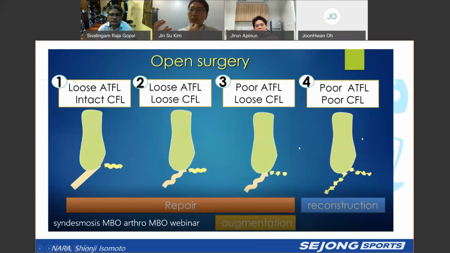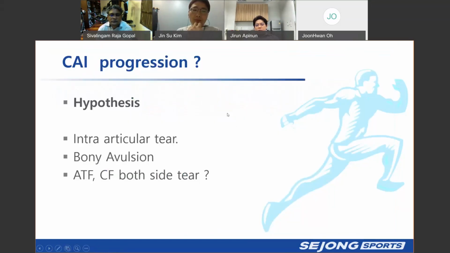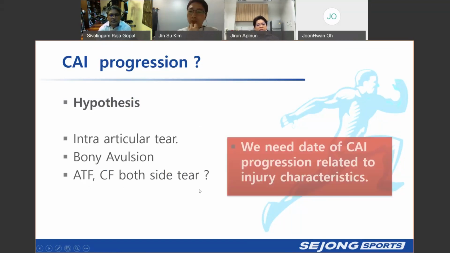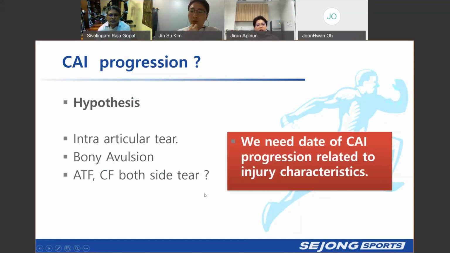So we have many kinds of variable loosening in the ligaments. For CAI progression, the hypotheses include anatomical setup, intra-articular tear, bony avulsion, and ATFL and CFL both-side tear, which could also make CAI progress. We need data on progression related to injury characteristics.